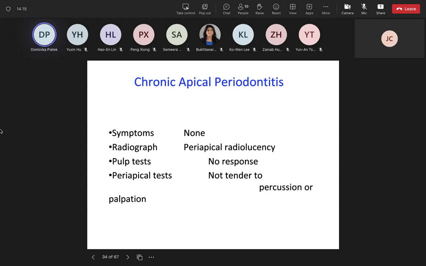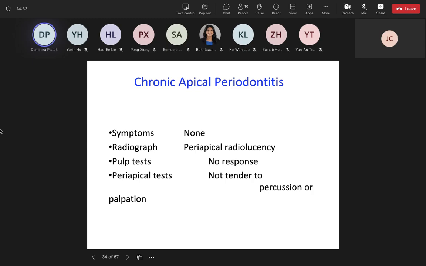For chronic apical periodontitis, the patient should not report any symptoms. Usually this is something that we will see on the radiogram. If we're taking panoramic X-rays, for example, it's possible that accidentally we will find some teeth with periapical radiolucency which do not have any symptoms that the patient reports.